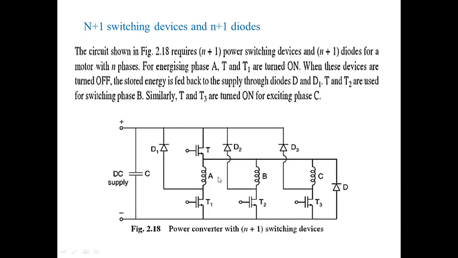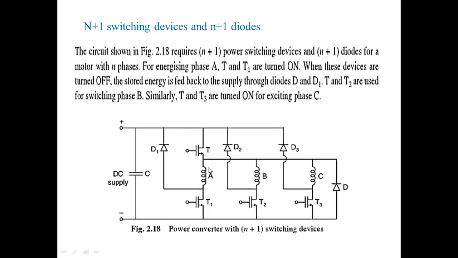Next, after turn on and the rotor position has rotated, thyristor T and thyristor T1 are opened. Therefore, the energy stored in the inductor is fed back through the diodes. This is the path through diode D1, and this is another path.